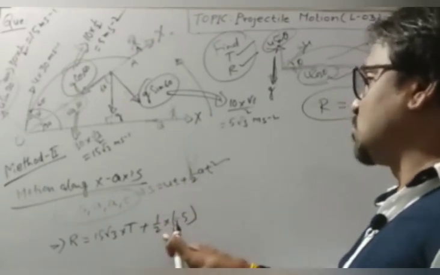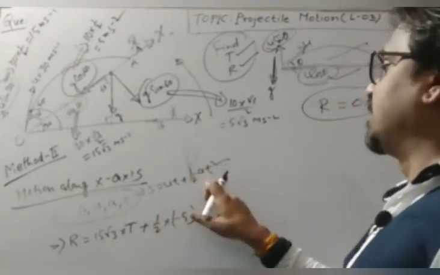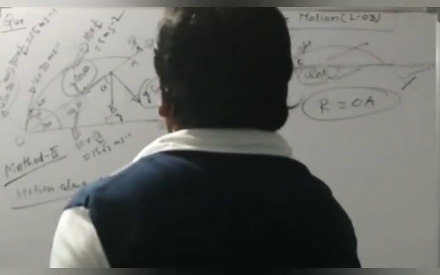If u is positive here, then a must be negative. So here R equals 50 root 3 into T minus 5 by 2 into T square.